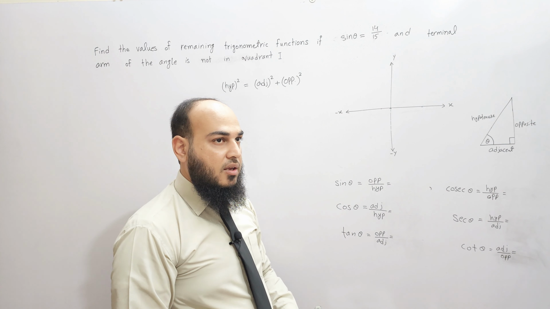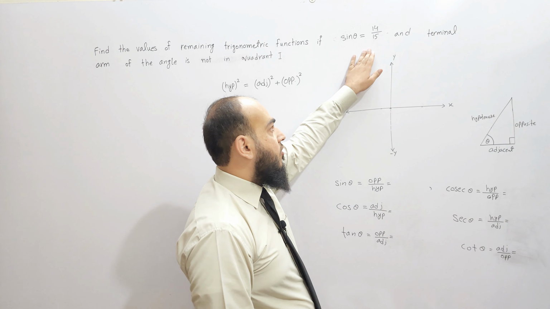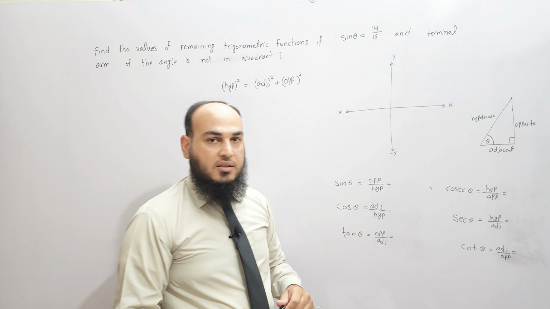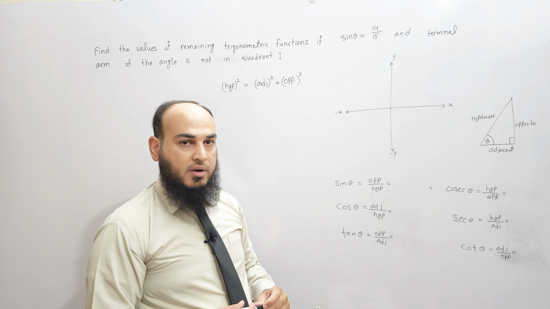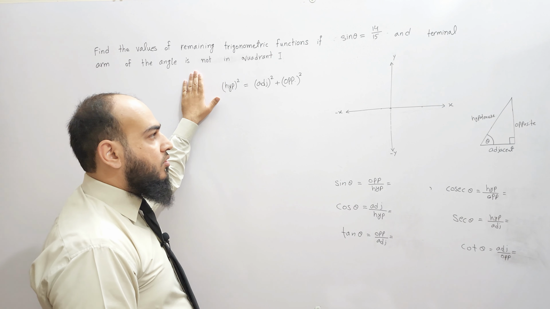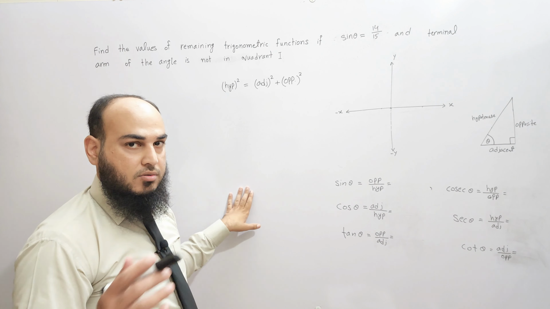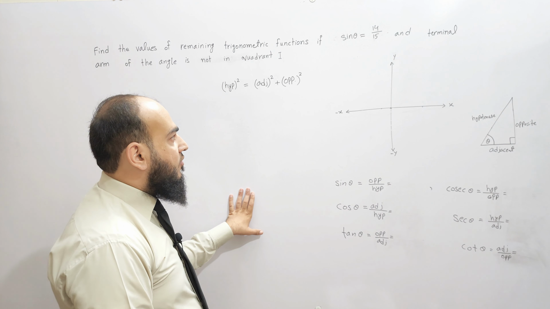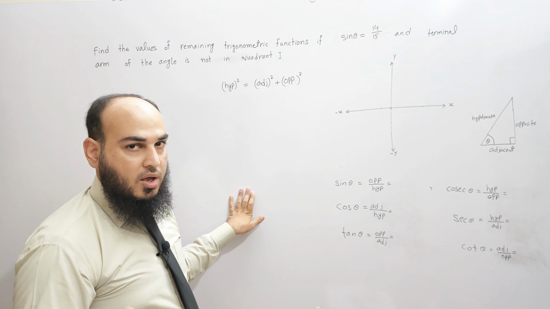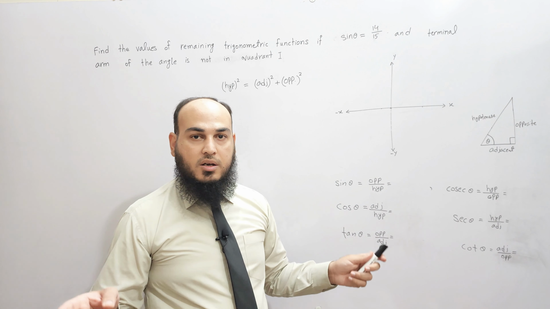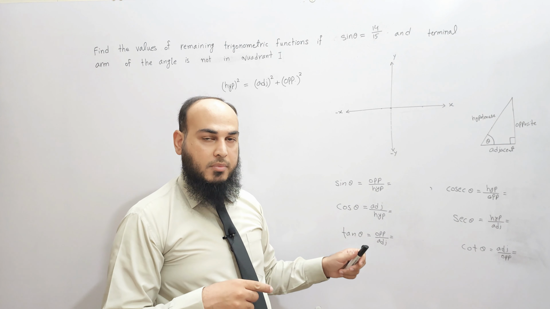If sine theta is equal to 14 over 15, that is a positive value. We know that sine theta is positive in the first quadrant, but here it is given that the terminal arm of the angle is not in quadrant number 1. Now we have to identify where else sine theta is positive. We know that sine theta is positive in quadrant number 1 and quadrant number 2.